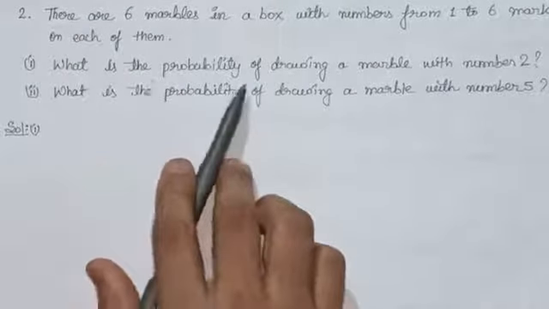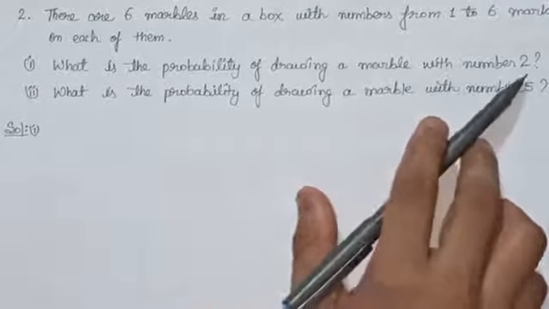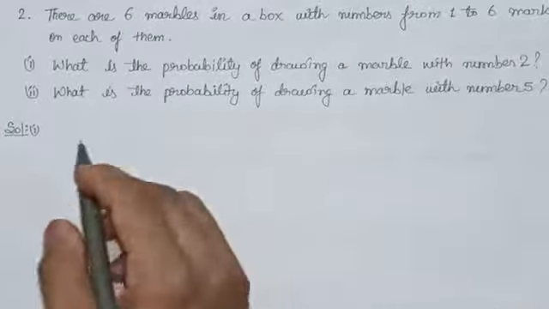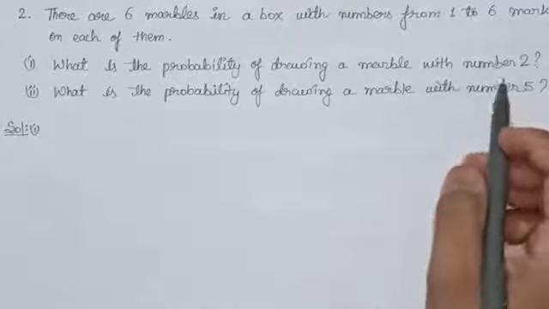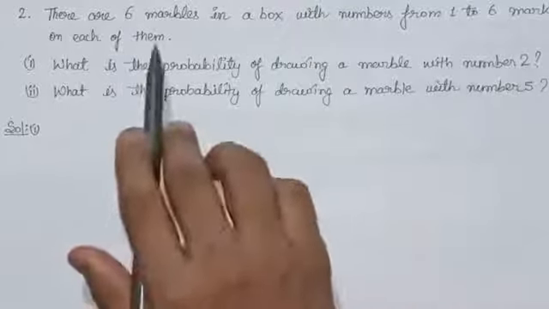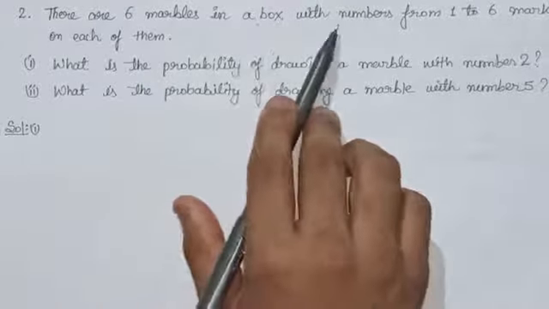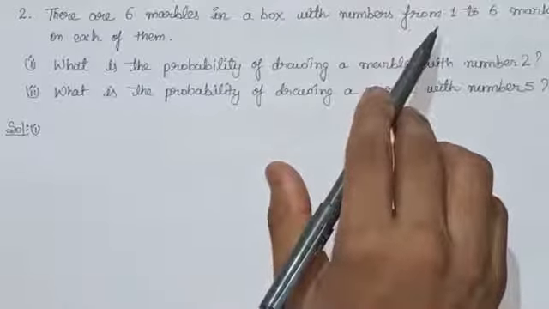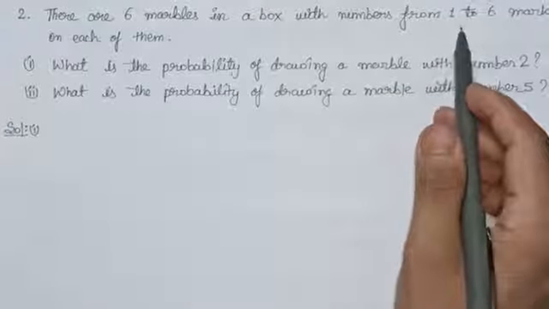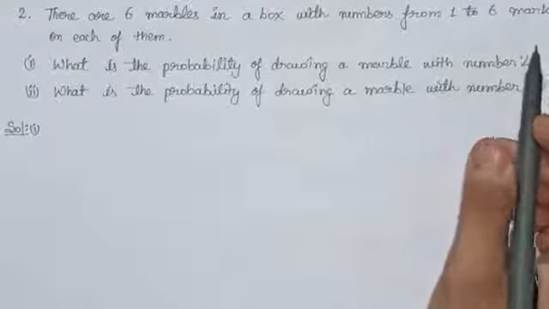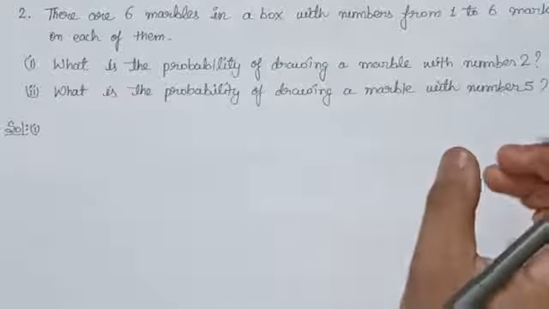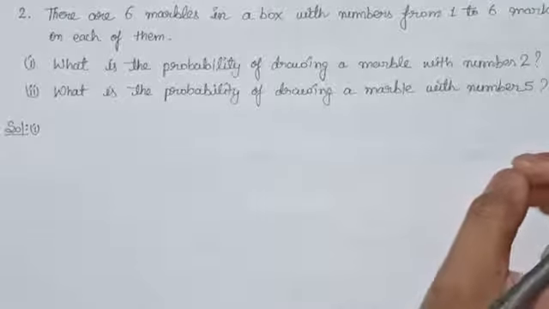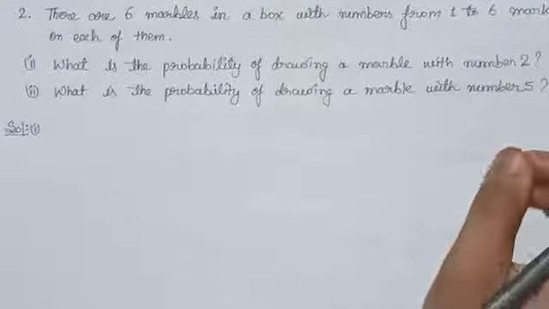So let us solve each of them one by one. First, in order to find the probability of drawing a marble with number 2, we have to see the favorable outcome of the marble with number 2. As you can see, it is given in the question that there are 6 marbles in the box with numbers 1, 2, 3, 4, 5 and 6 marked on them. So we can say that there is only one marble with number 2 marked on it.